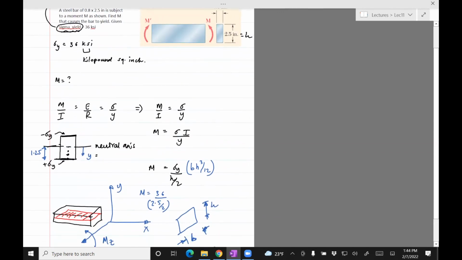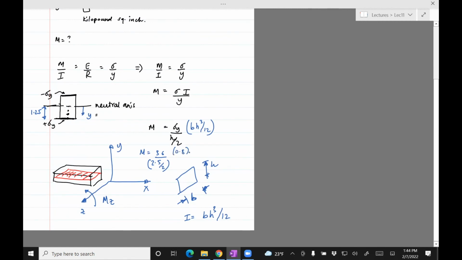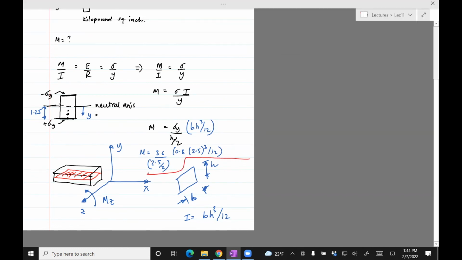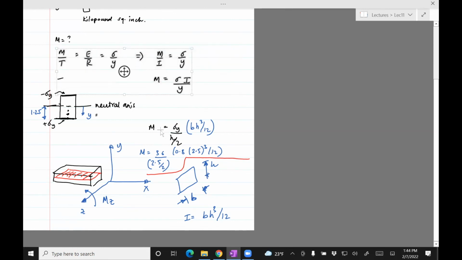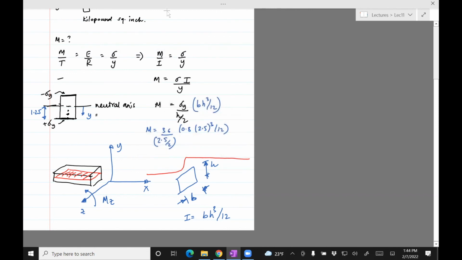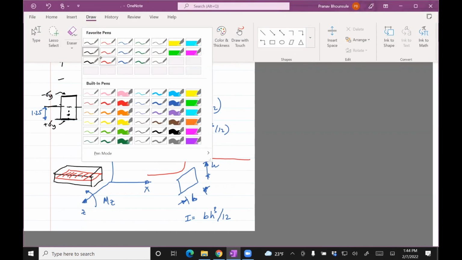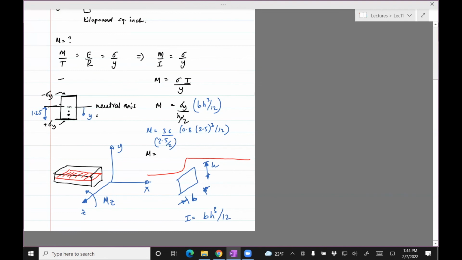We wrote B as 0.8, times 2.5 cube. So M, after plugging in the values, comes out to be 30.